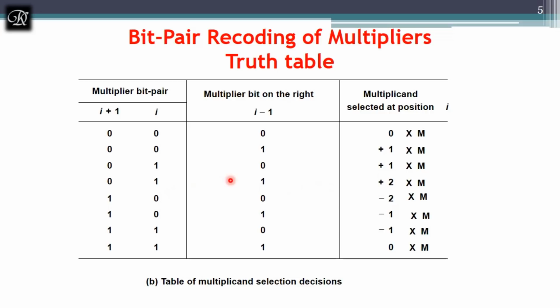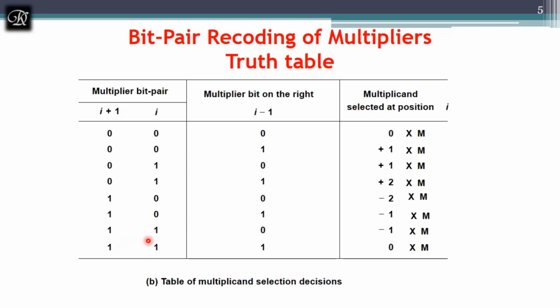Next, when the previous bit is 1, the current bit is 1 and the next bit is 0, then it's multiplied with plus 2, which means double the given multiplicand. When the next bit is 1 and the previous 2 bits are 0, then it's multiplied with negative 2. And when the next bit is 1, the previous bit is 1 and the current bit is 0, then it's multiplied with minus 1.